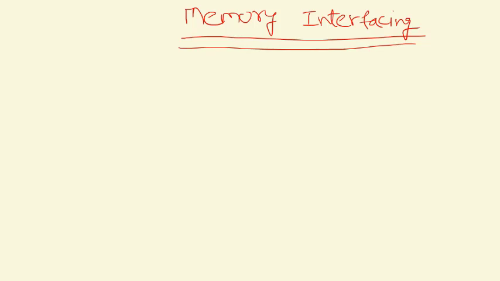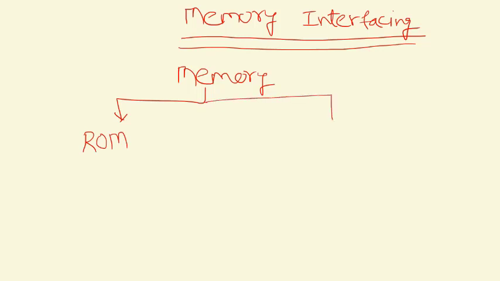You can divide the memory into two forms. Memory is ROM, read only memory, where only read operation can be performed, and this is read write memory or random access memory, that is called RAM.